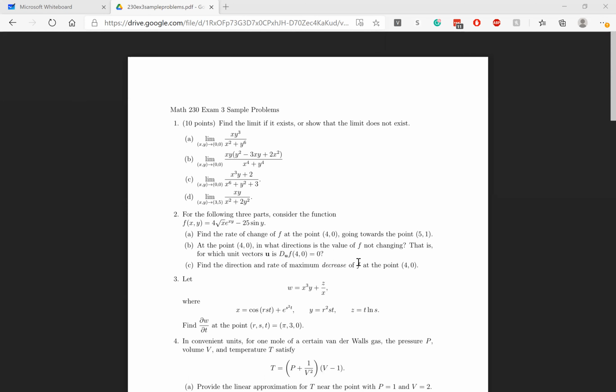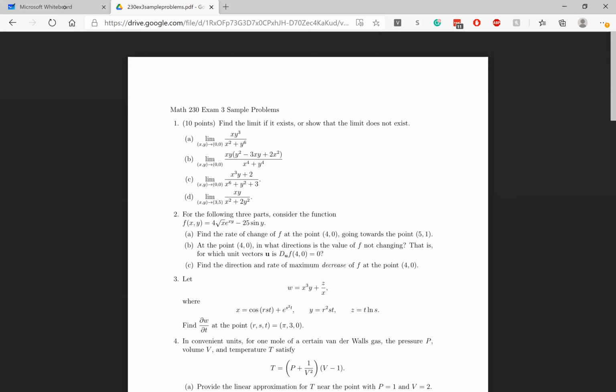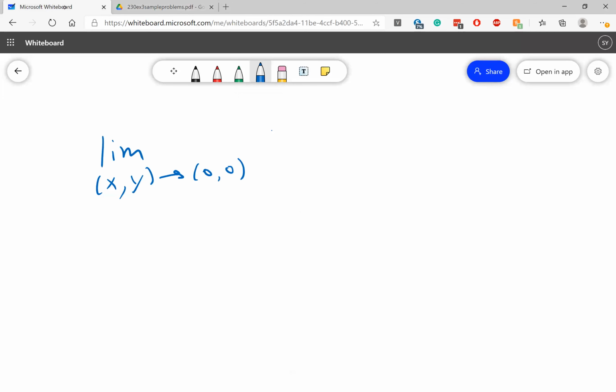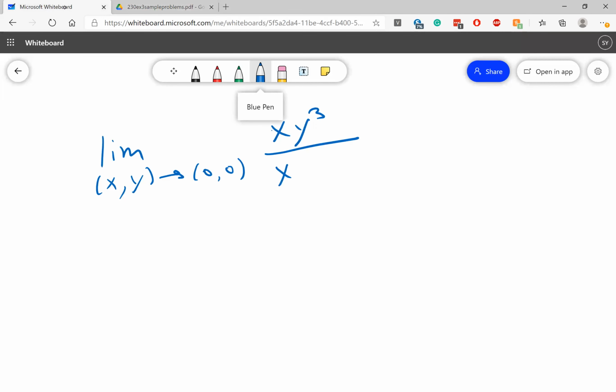The first one is the limit as x, y go to 0, 0 of x times y cubed over x squared plus y to the 6.